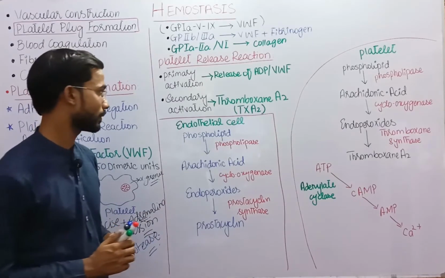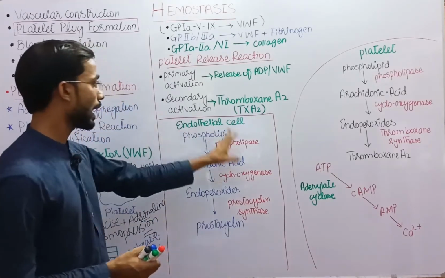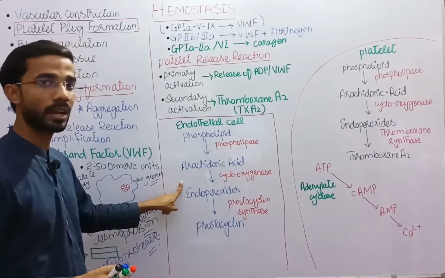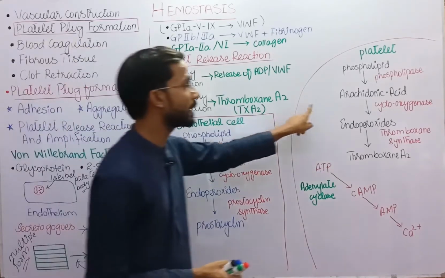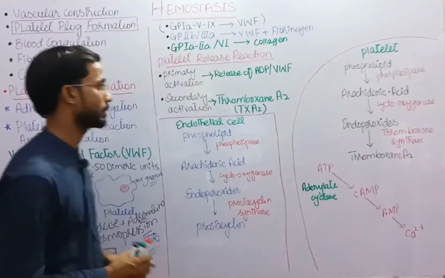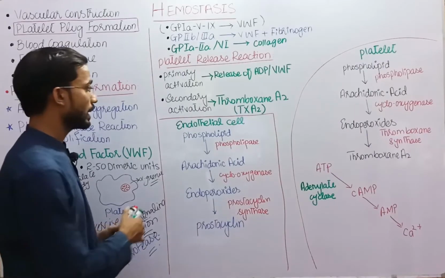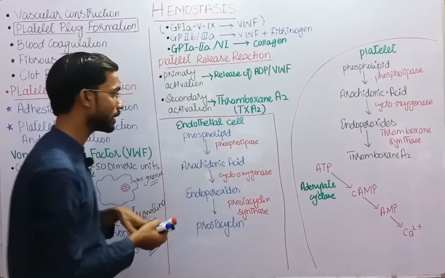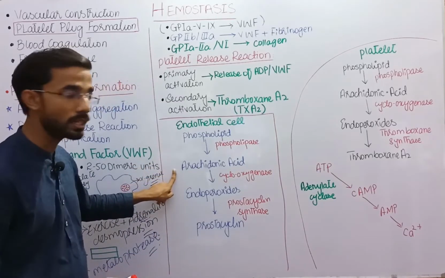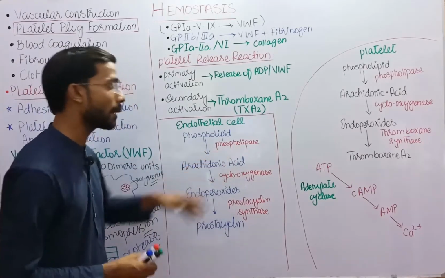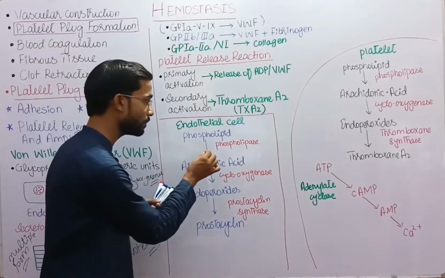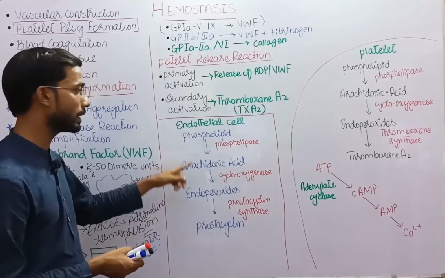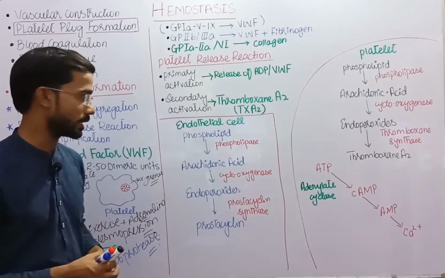How is thromboxane produced and how does it influence the strengthening of the platelet plug, right? You can see the endothelium cell on the left side and the platelet on the right side, right? In the endothelium, the phospholipid is converted into arachidonic acid with the help of the phospholipase enzyme. This is an enzyme which converts the phospholipid into arachidonic acid.